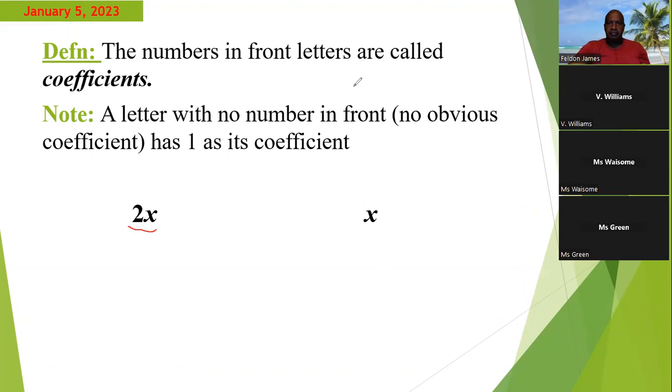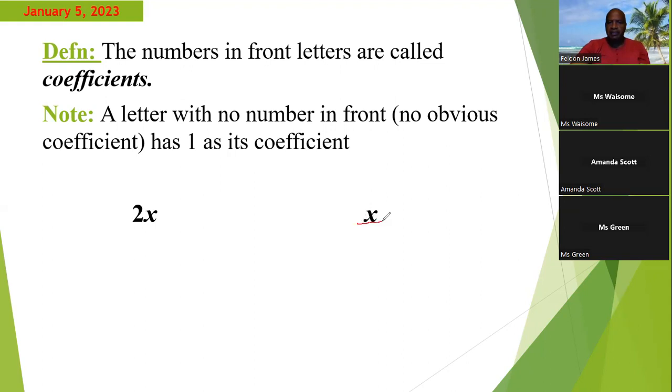Is it the x, sir? No, apparently you weren't listening to what I was saying. Sir, 2. Yes. So the number in front of the letter is the coefficient. So here, the 2 is the coefficient of this letter. In other words, we say the coefficient of x here is 2.